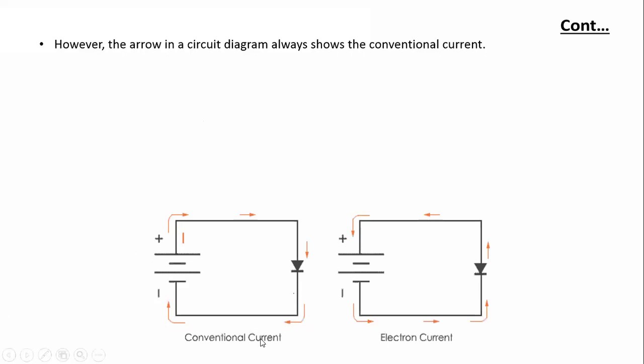Okay, so these two diagrams show what I am talking about. The direction from the positive terminal through the load towards the negative terminal is the direction of conventional current, whereas in electron current it is the reverse, that is, the flow of electrons from the negative terminal throughout the circuit, getting attracted by the positive terminal of the battery or supply.